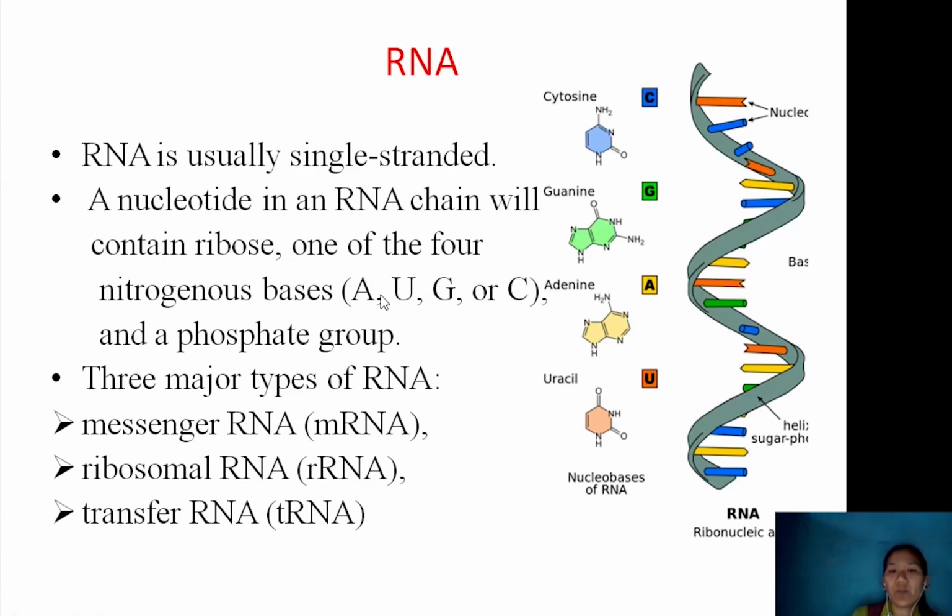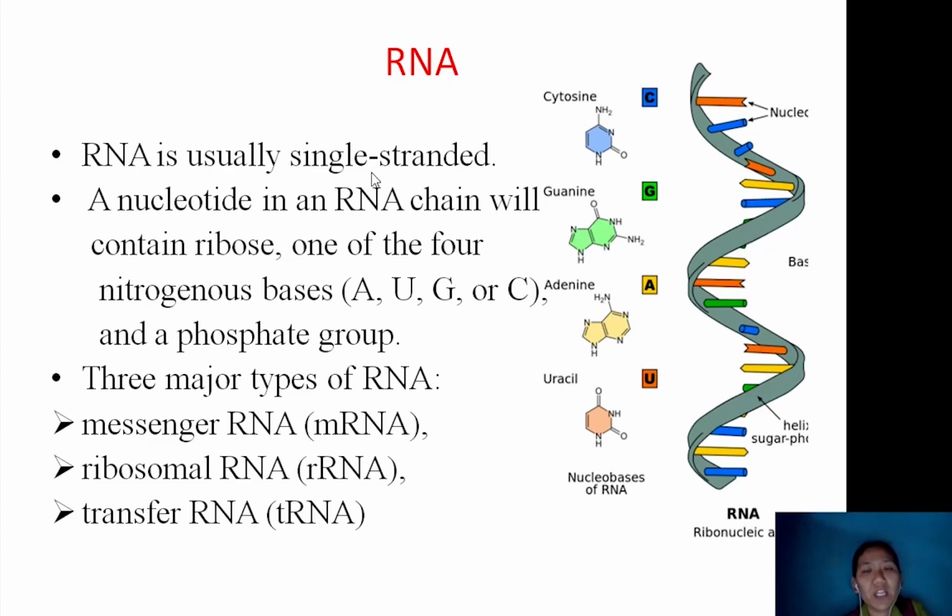Ribose, nitrogen base, and phosphate group are the same as in DNA, but here it is U where DNA has T. RNA is single-stranded, but DNA is double-stranded. Another important difference is the sugar: in RNA there is a ribose sugar, but in DNA there is deoxyribose sugar.